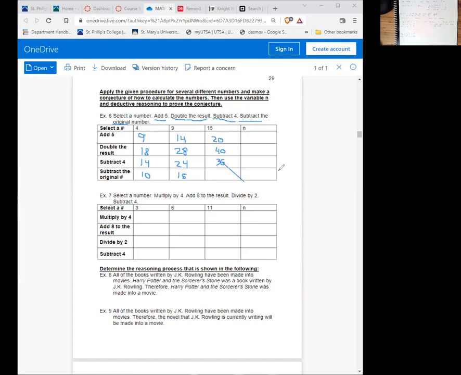Oops. Computer froze on that one. And then subtract the original. So that will be 21. So apply the given procedure for several different numbers and make a conjecture of how to calculate them. But basically, this time they kind of want us to make that formula.